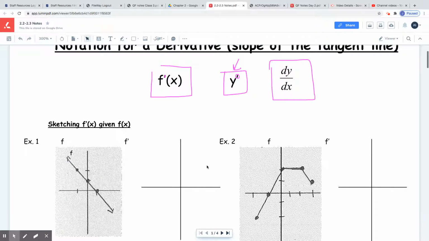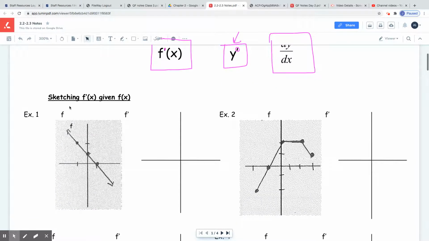Now, what we want to do in this example is graph what the graph of the derivative is going to look like based off of the original function. Remember, the definition of a derivative is the slope of the tangent line. So if we can figure out what the tangent line is, then we can figure out what the slope of that line is.